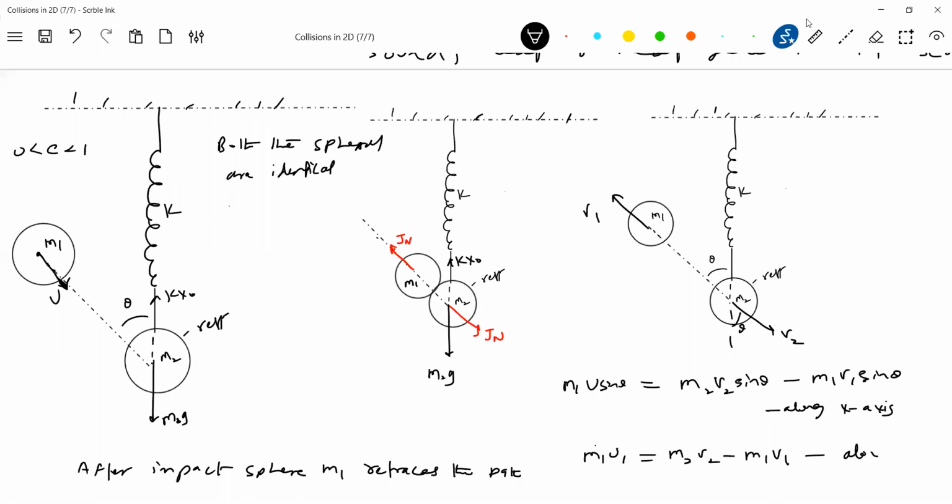Both are same, no? How many unknowns are there? v1, v2. I need one more equation. So I'll go for coefficient of restitution. This should be equal to v2 minus of minus v1 plus u. Two equations, two unknowns. Solving will get the required thing.